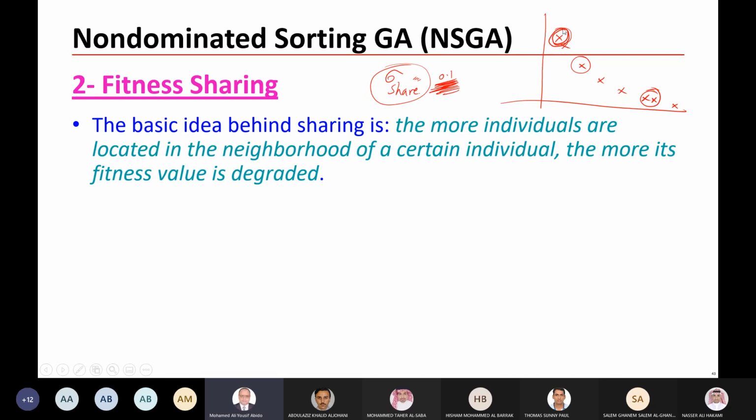So if you have so many solutions in the neighborhood, you degrade the fitness of that individual. Nasser, you have a question? Yes, I have a question. If we have the best F1 and F2, and then I take the distance, for example, I divide it by n equal 10, and then this will be the sigma for me.